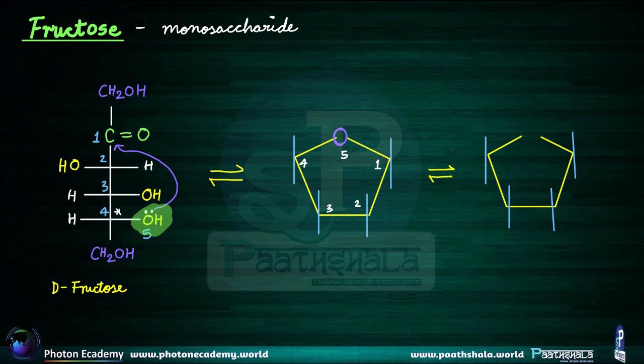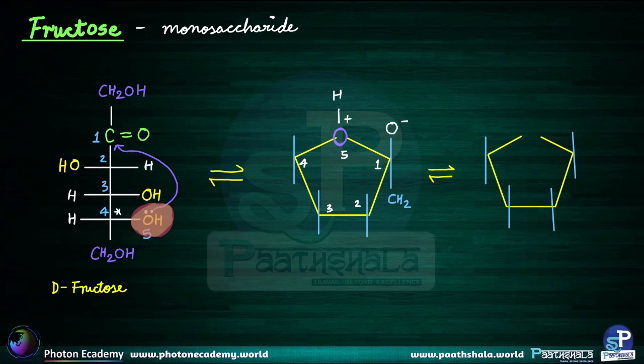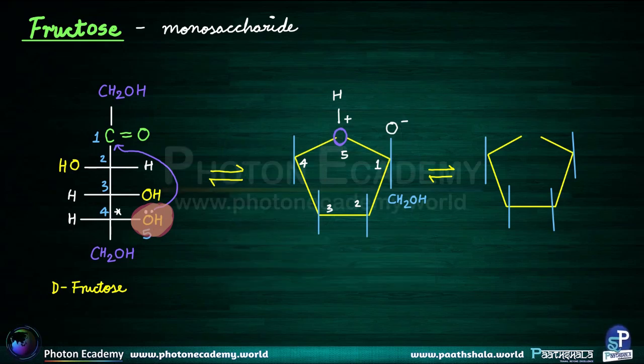And this oxygen, with a lone pair, was losing that lone pair, so it was getting a positive charge. Let us write to fulfill the valency first. So this is what I'm getting at the fifth and the first positions of my ring. What I observe here is that this particular H and this particular O can get a proton transfer done.